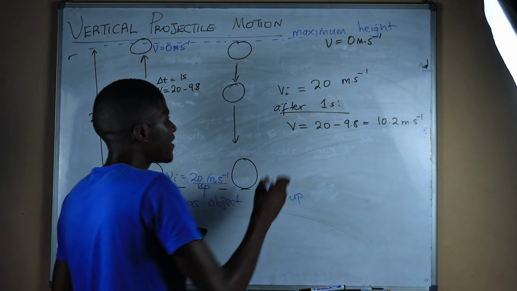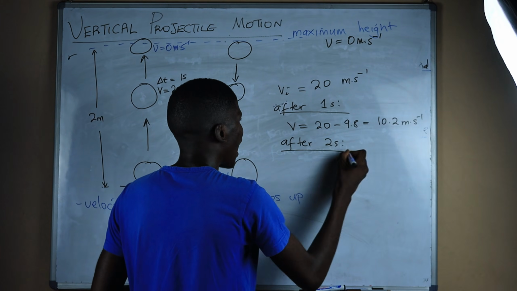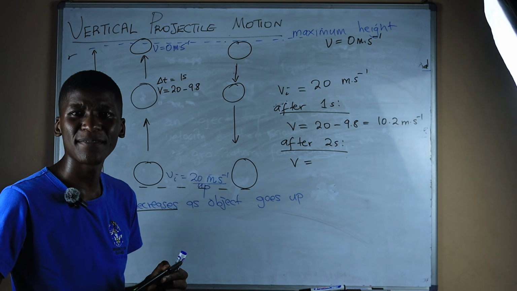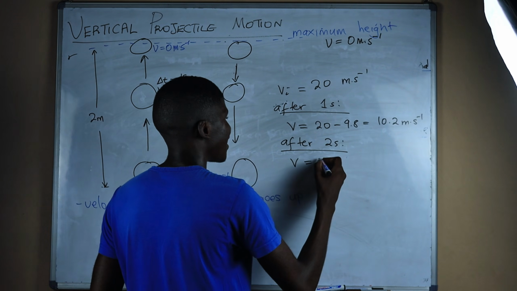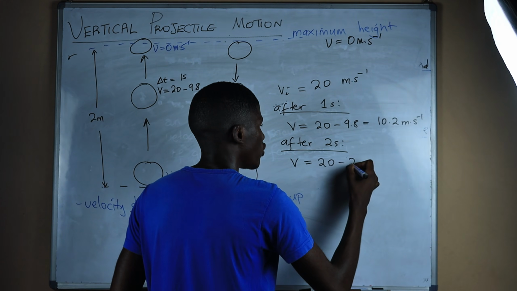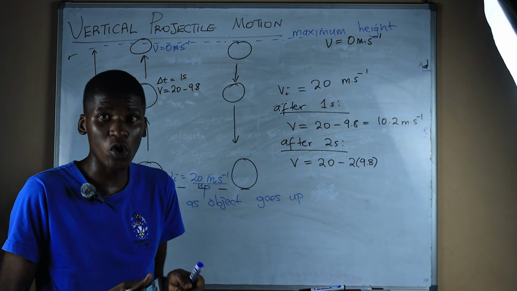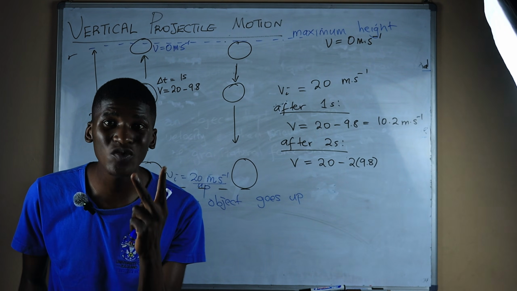Okay? Now, what would happen after 2 seconds? After 2 seconds, this ball will lose another 9.8 meters per second. So it means that the initial velocity, which was 20, we are now going to subtract 2 times 9.8. Because remember that it has lost 9.8 meters per second, but now it's for 2 seconds.